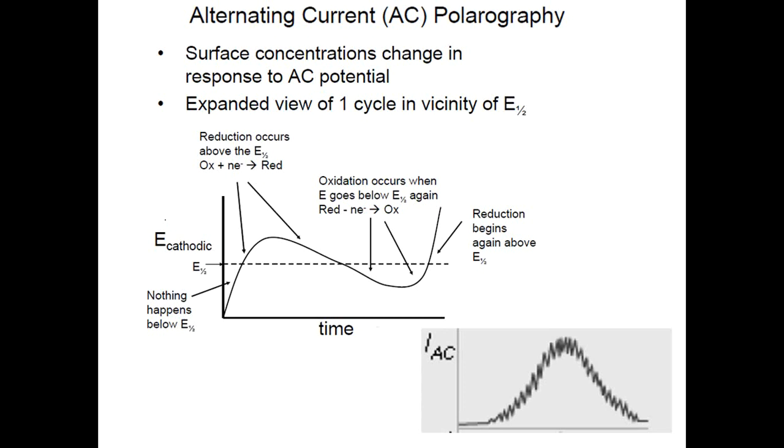This AC current component has two waves; one cycle will have two regions, right? One region is above the normal potential, one is below.